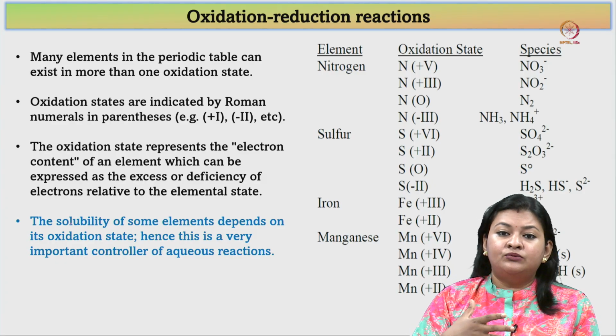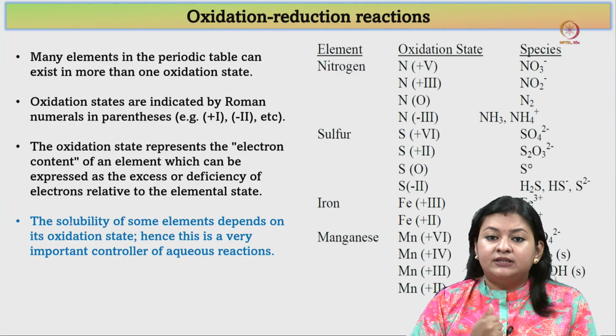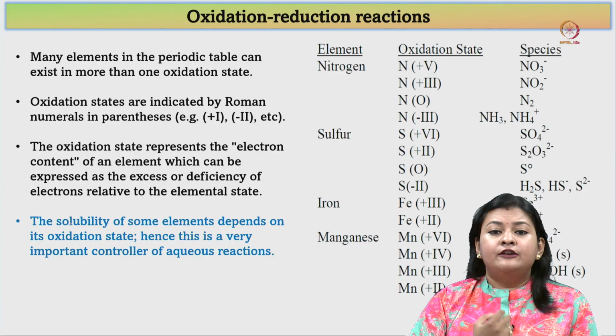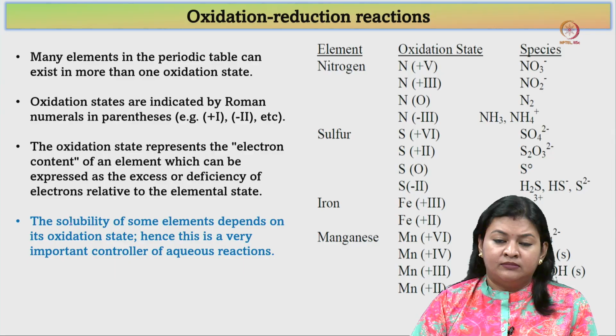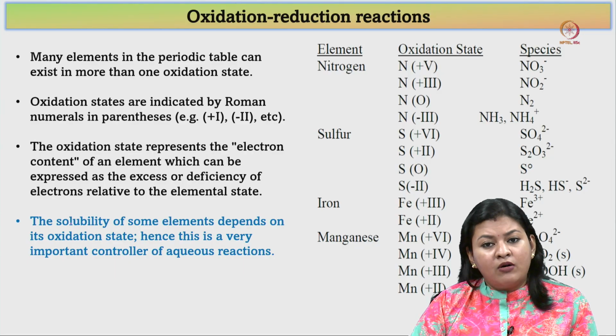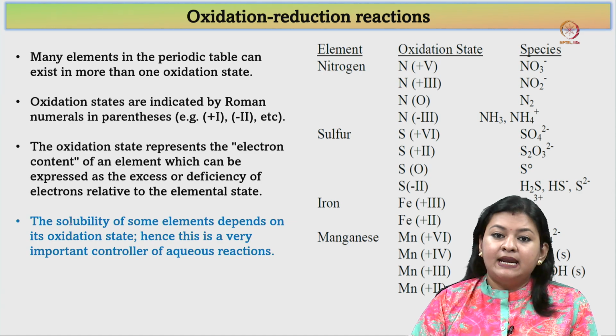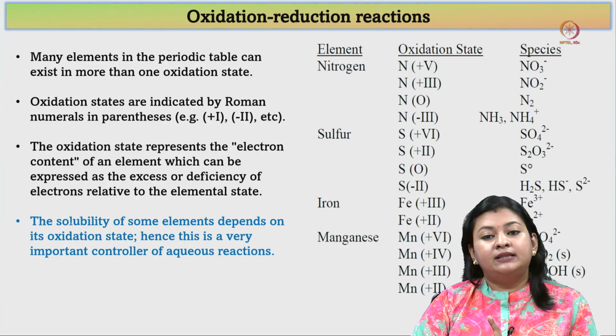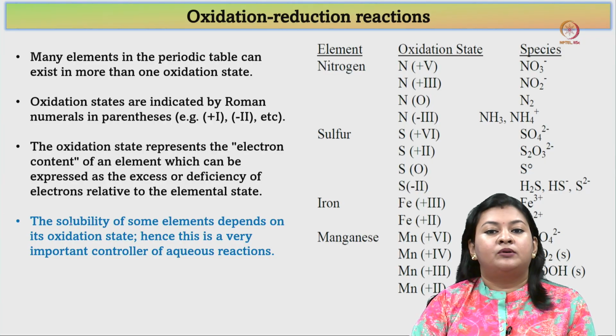So we need to understand which state these elements are in. For example, chromium and arsenic exist in multiple oxidation states, and only one of those states is toxic and bioavailable, and that is the only state we should be worried about.